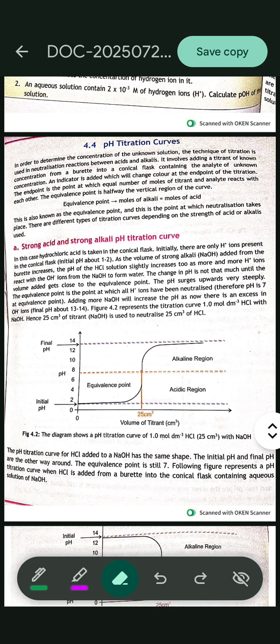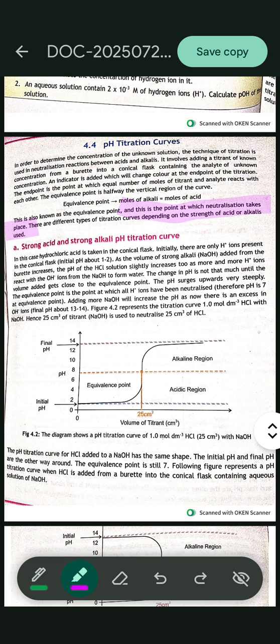We perform the neutralization reaction by adding a titrant into the burette and analyte into the flask. The equivalence point is the point at which neutralization takes place. There are different types of titration curves depending on the strength of acid or alkalis used.